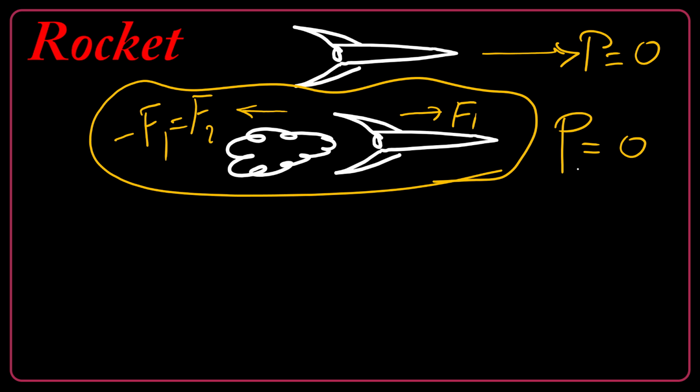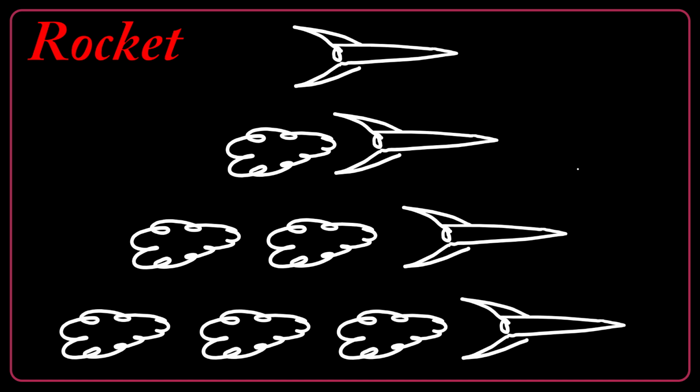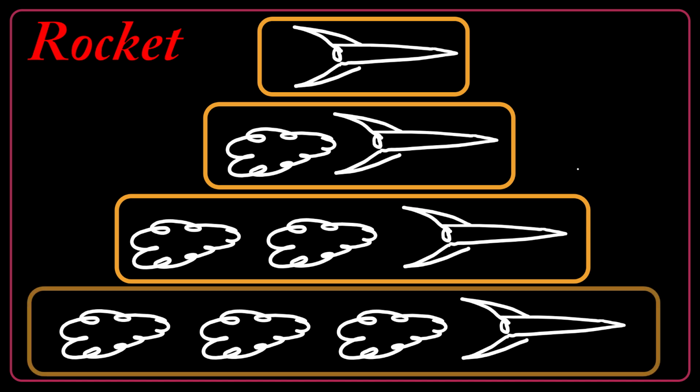So let's follow the rocket in successive moments. You will see that there is more and more outcoming gas, and the rocket is accelerating more and more to the right, but the total displacement of the system is zero.